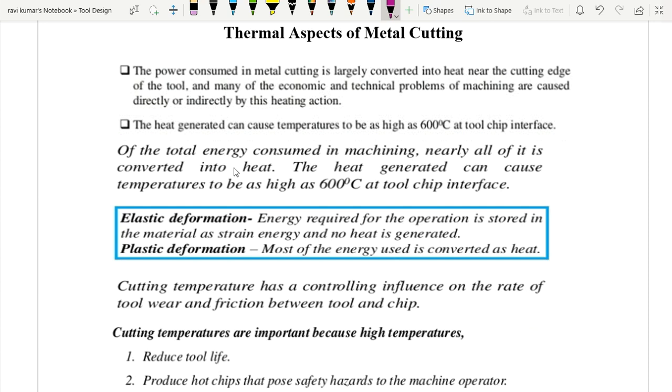For the work material to get sheared off, a lot of force, a lot of power is consumed, right? One should understand that the deformation proceeds in the work material in two stages. The first one I call elastic deformation. The next one I call plastic deformation.